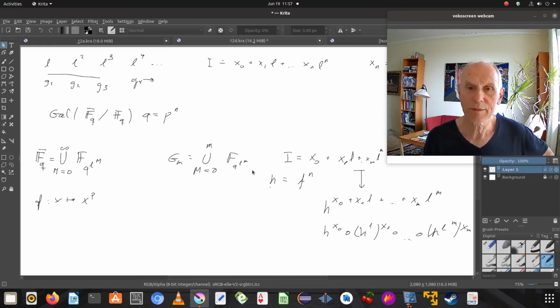And since it's the limit of the finite sums, every time we take an element here, it lies in one of the finite sums, and then we can compute how it works. And if it turns out that there are more roots in one of these guys, it doesn't matter, the same argument will hold and we will come through the same way.